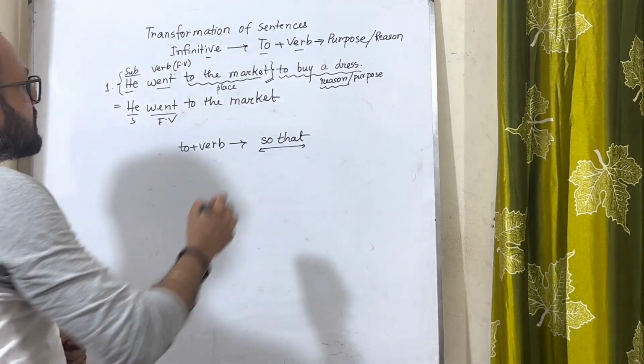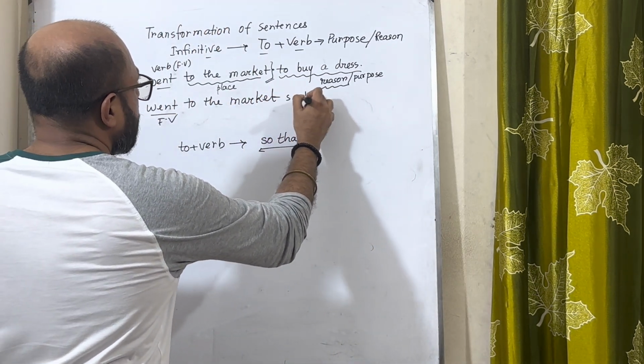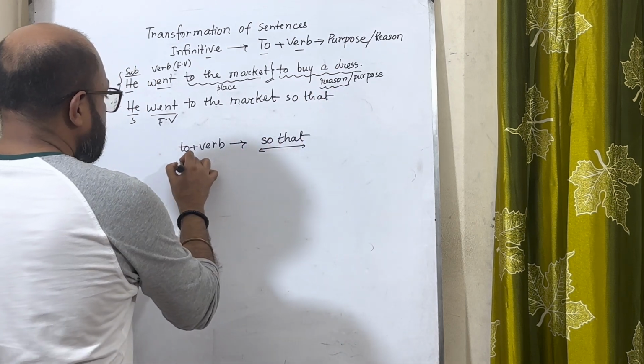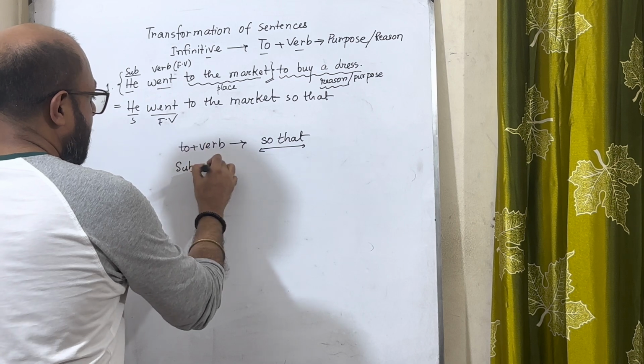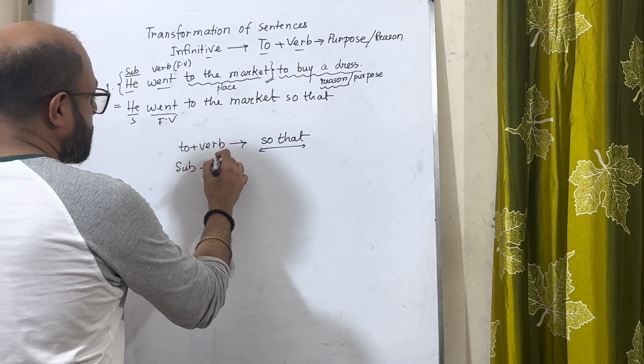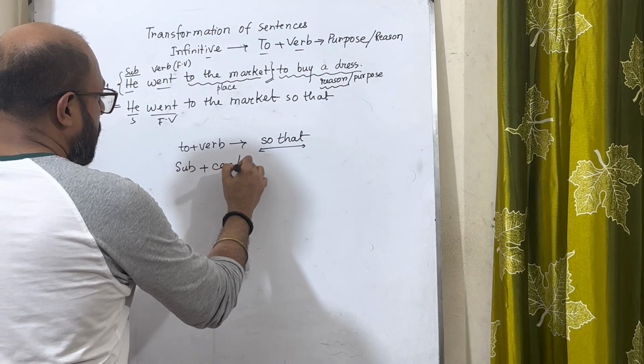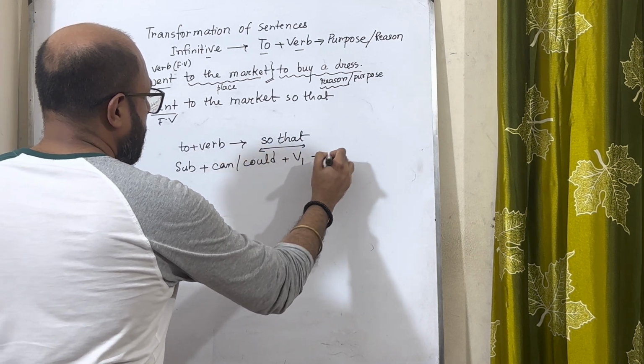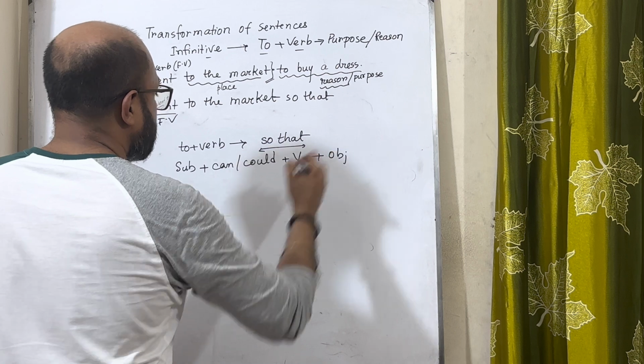So I will write so that, and after the so that, the sentence pattern will be like this: subject plus can or could plus V1 plus object.